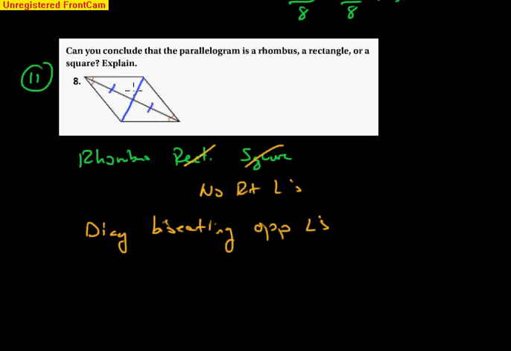So I know that this is congruent to that. I know this side is congruent to itself. Oh, this is a parallelogram. I know that these two sides are congruent because the diagonals bisect each other. And the tricky step here, look at this big triangle at the top.